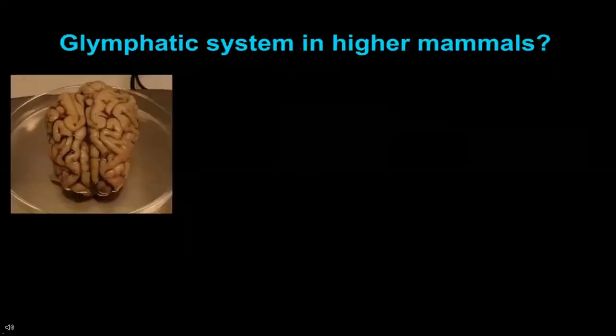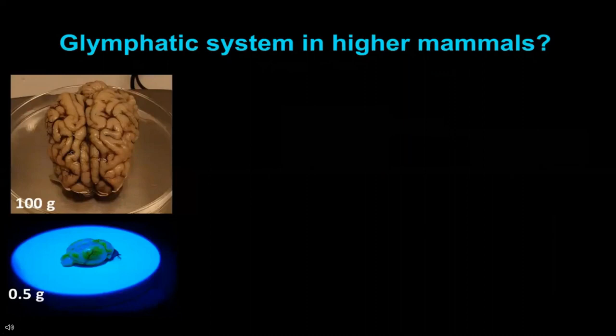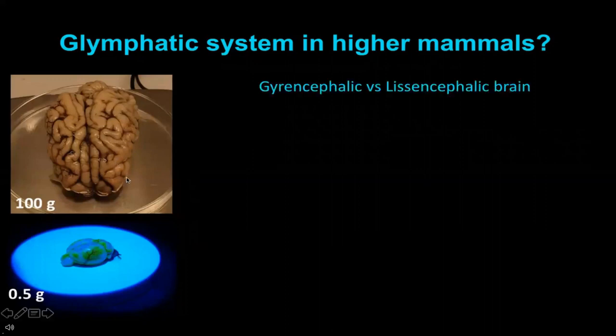Then we also used light sheet microscopy to study the glymphatic system in higher mammals. So besides this obvious difference in size, the pig brain here is also gyrencephalic. So it has gyri and sulci in between, whereas the mouse brain is lissencephalic, smooth.